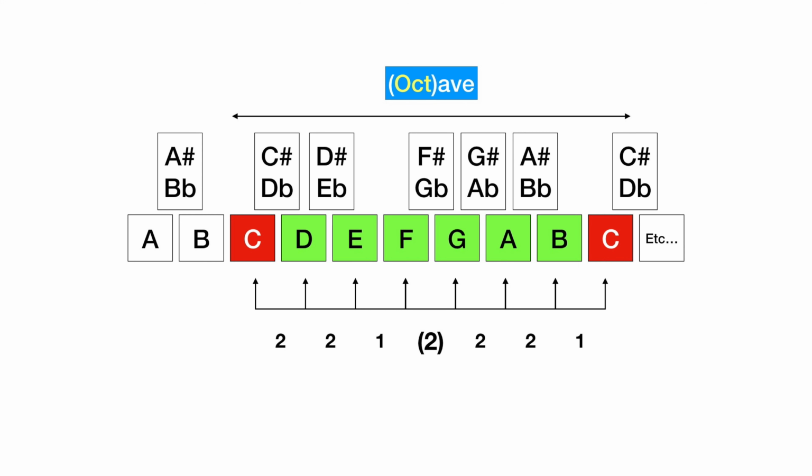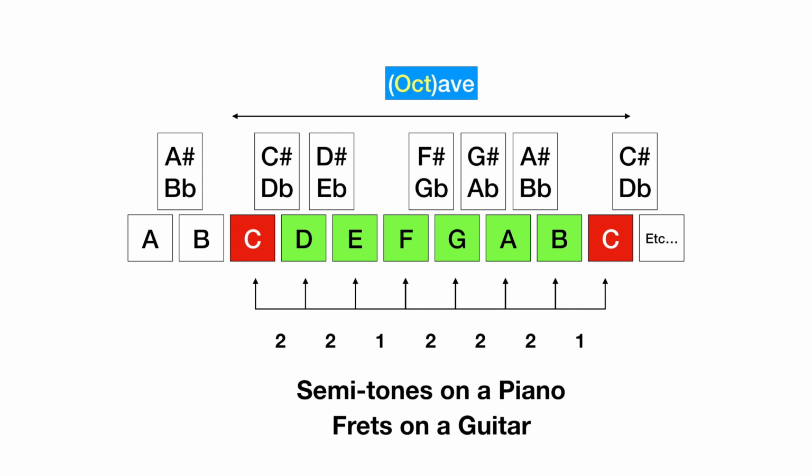If I put a bracket around the middle 2, it is really easy to remember. The numbers tell you how many semitones you need to move to get to the next note on a piano, or on a guitar, the number of frets that you need to move up the neck to get to the next note of the major scale. So let's find this for the C major scale.